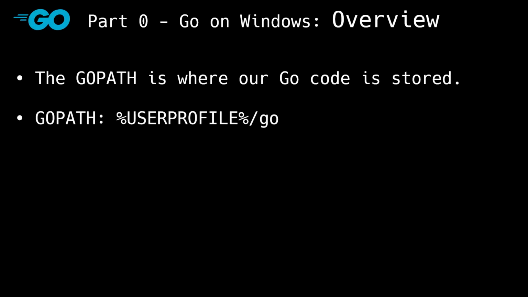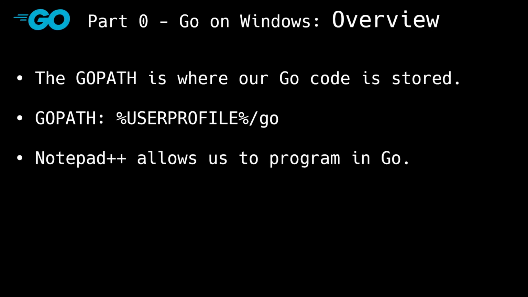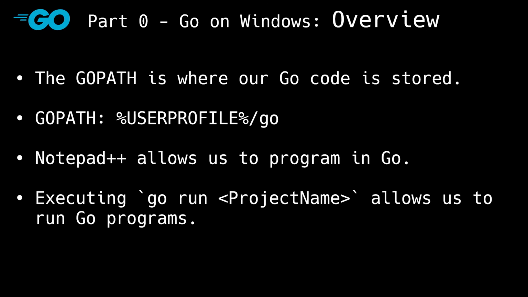We can access that folder by typing %userprofile% into an Explorer window, then navigate to the Go folder from there. Notepad++ allows us to program in Go in a comfortable editor. Executing go run project name allows us to run our Go programs as long as we've placed them in the Go path correctly. And I think that covers it.